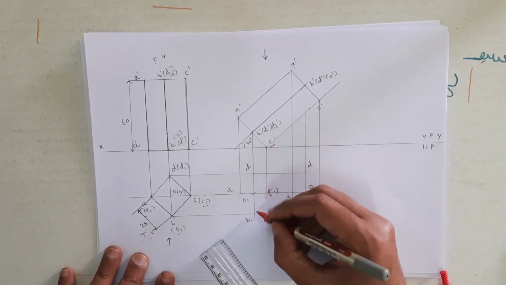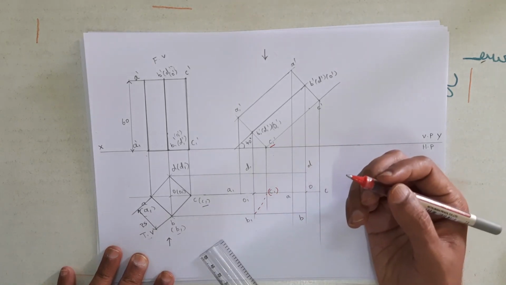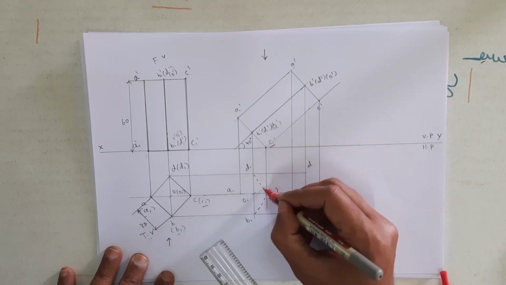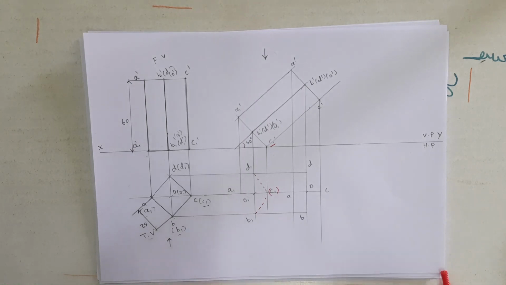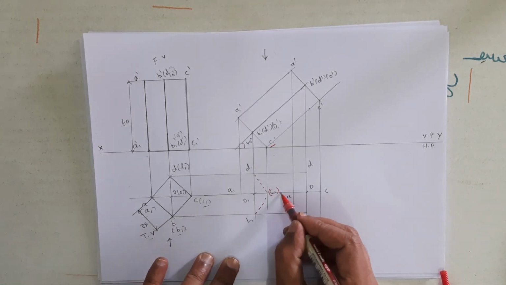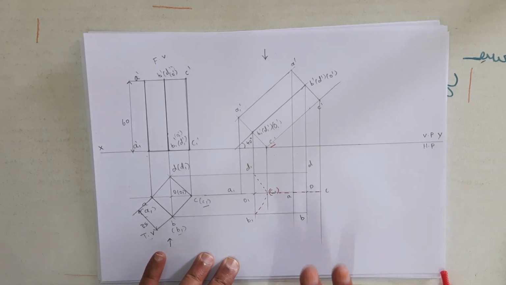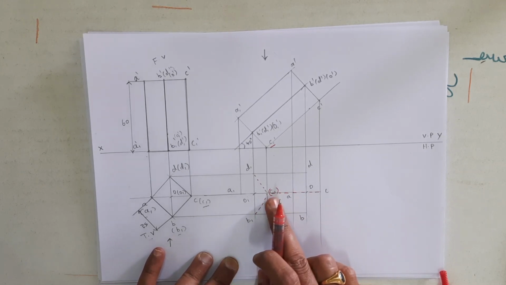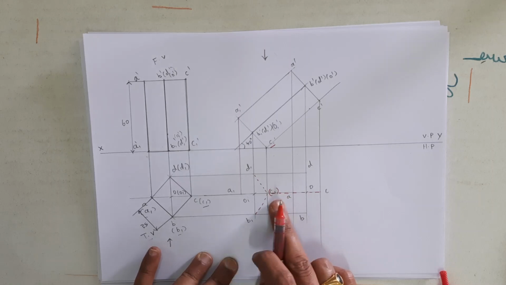So there will be a line from C1 to B1, a line from C1 to D1, and a line from C1 to C. These are the invisible lines. Why are they invisible? Because it is resting on the corner. So corner C1, any lines which are going from here will be invisible.